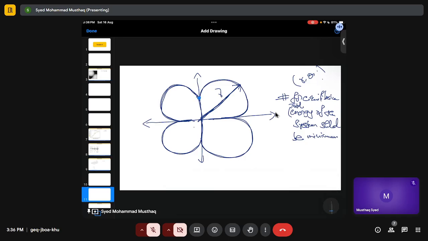So cusp 1, cusp 2, 3, cusp 4. So these are the 4 points where I find my system to have minimum energy or minimum surface energy. Anywhere else, you can find the maximum here, maximum. Anywhere else you will have more energy when compared to these.